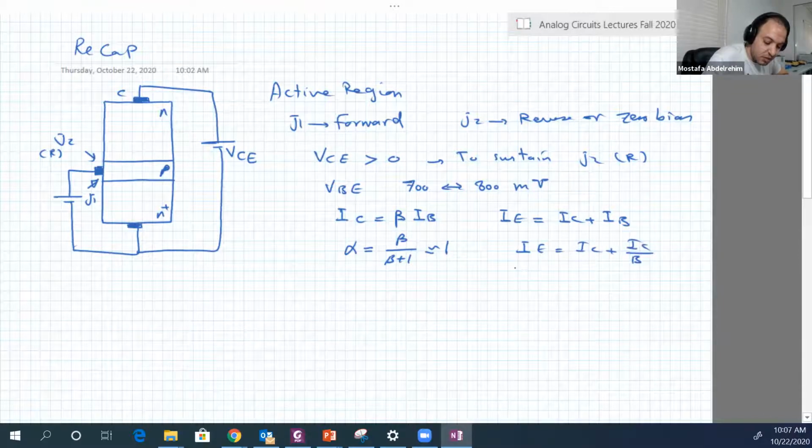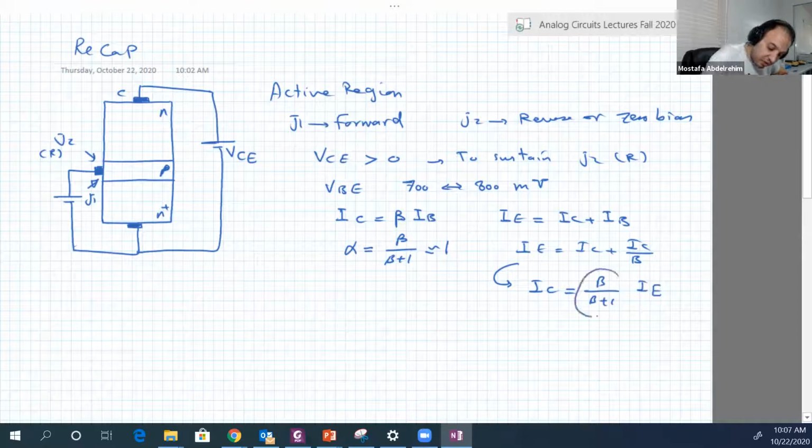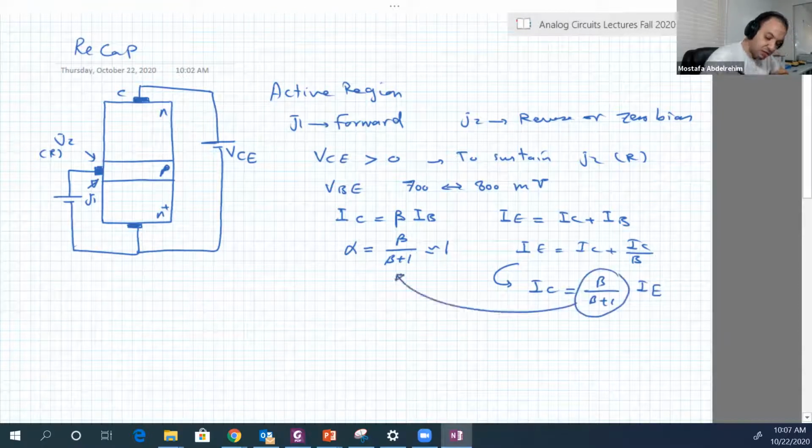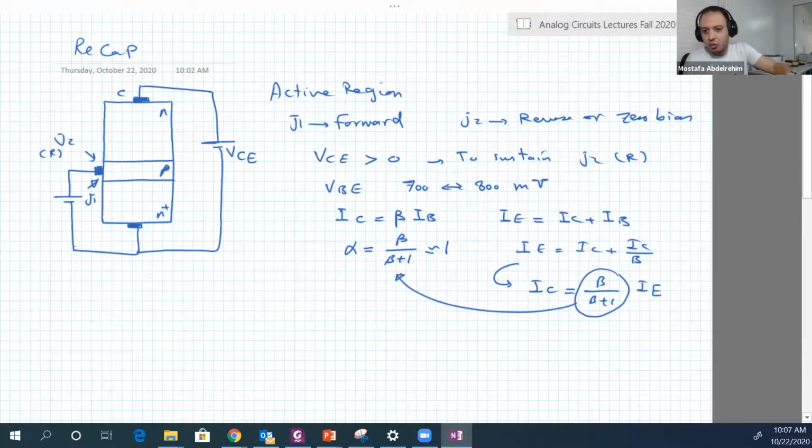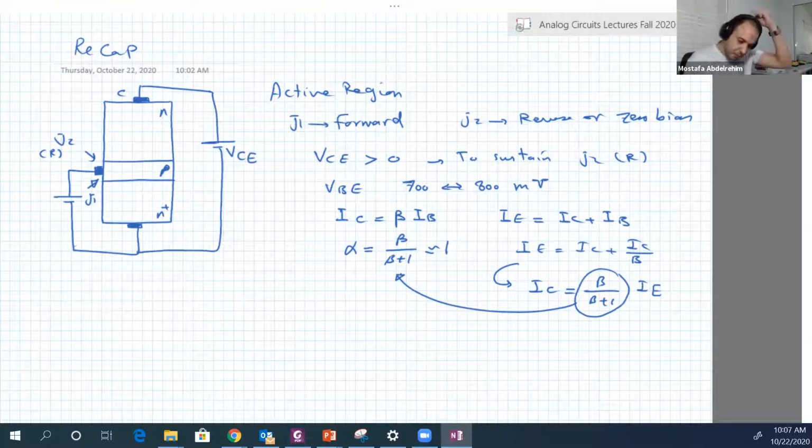So from this, you will find that IC equal to beta over beta plus 1 multiplied by IE. And this is called alpha, our new parameter alpha. It's just dependent on beta. If you have alpha, you can get beta. If you have beta, you can get alpha. That's it. Nothing new, I mean.